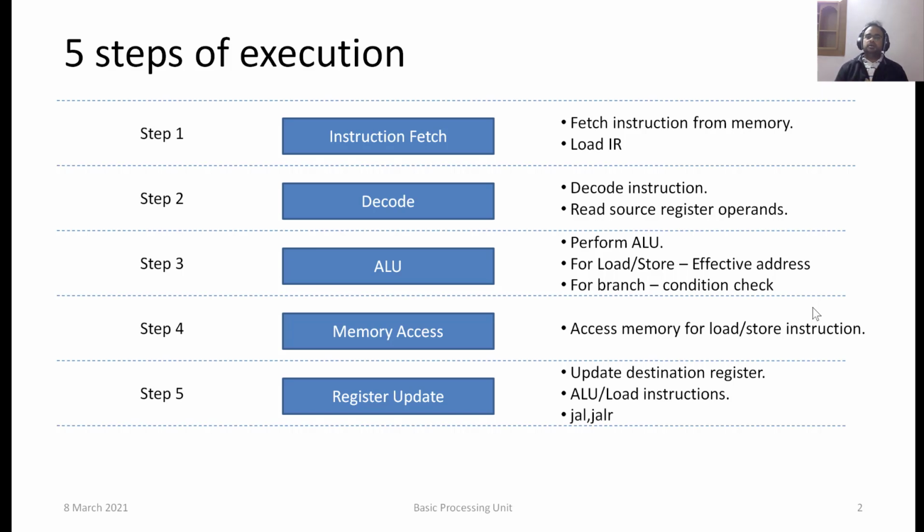So let's look at these execution steps from the hardware perspective, how they would happen. A quick note here, a register update is sometimes also called the write back step or write back stage.